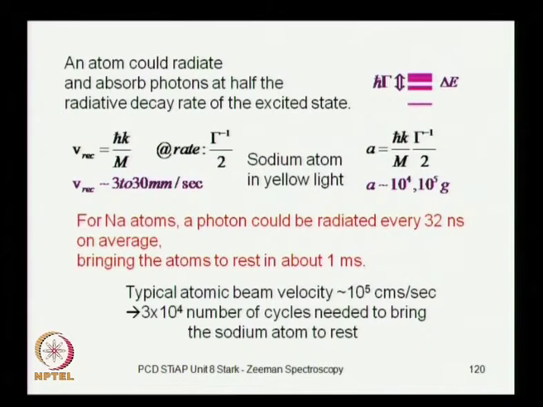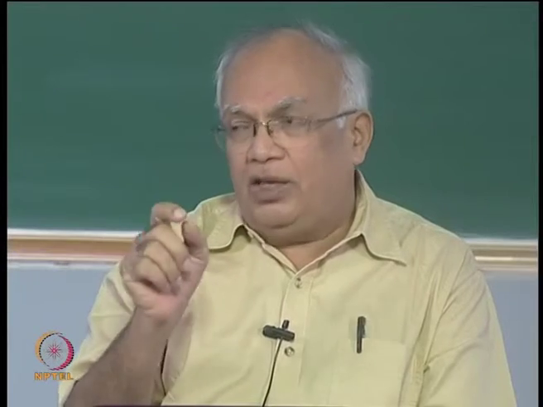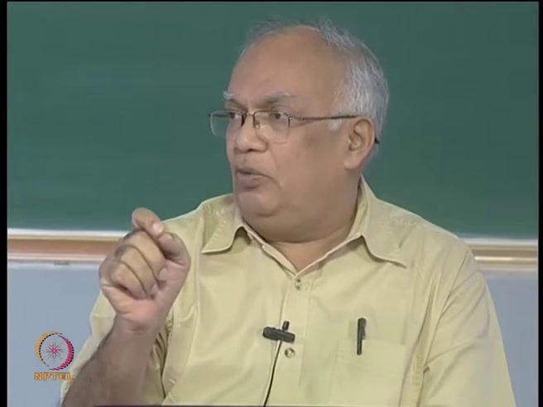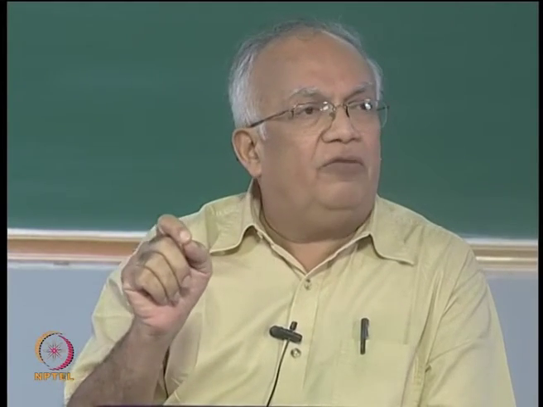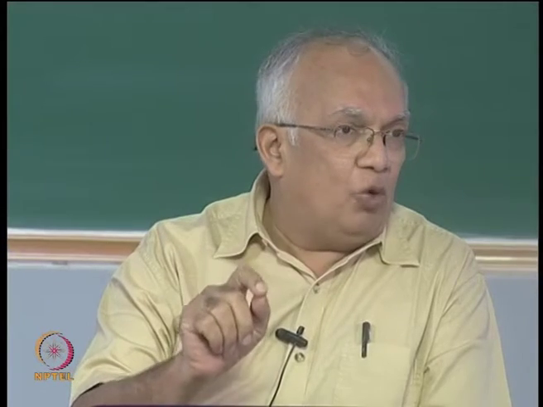You need altogether something like 10 to the 4 cycles for this to happen, because every time it goes through this cycle it is losing a little bit of kinetic energy, a little bit of velocity, and that is what results in cooling, because thermodynamically we associate temperature with velocity of motion.